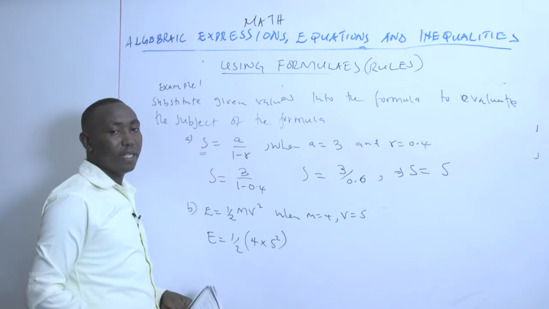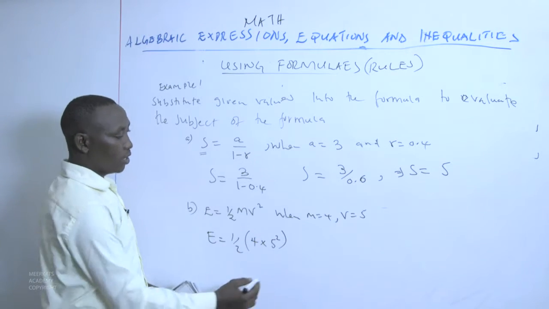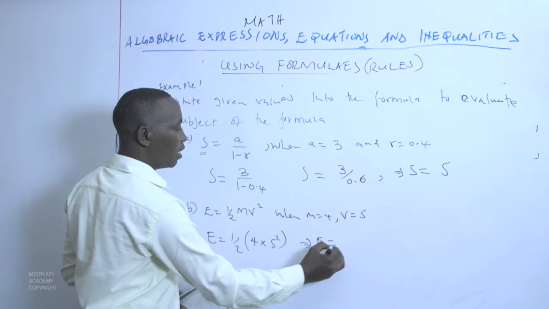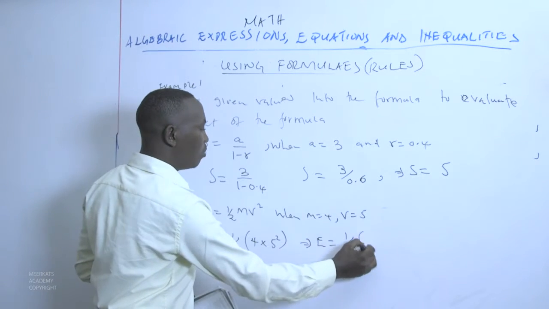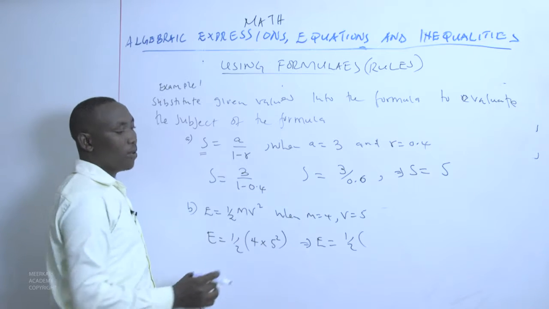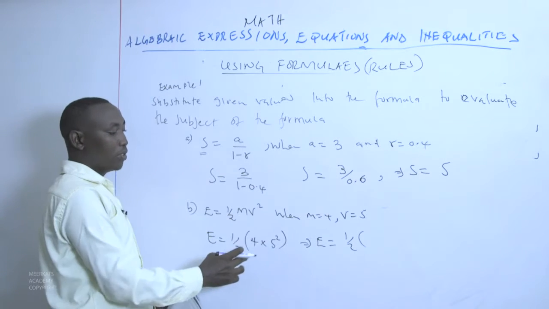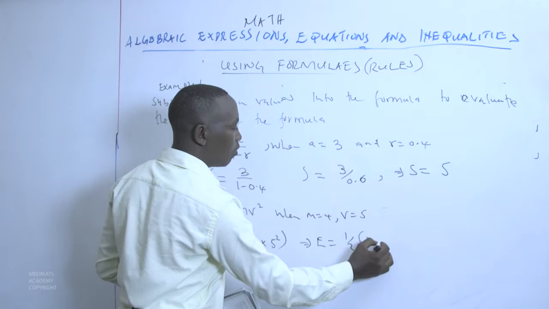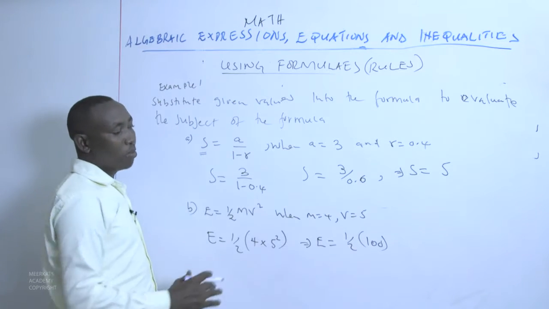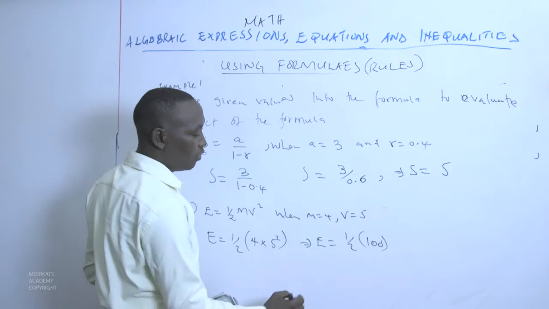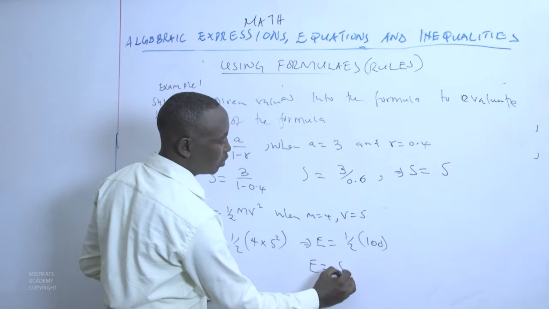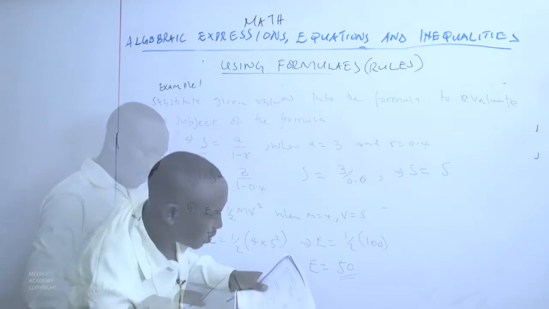And we are getting the square of 5. So E is equal to a half multiplied by 5 squared, which is 25. When you multiply 25 by 4, you will get 100. When you multiply 100 by a half, you will get 50, and therefore E is going to be 50.